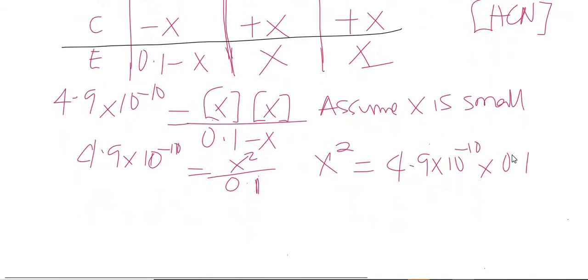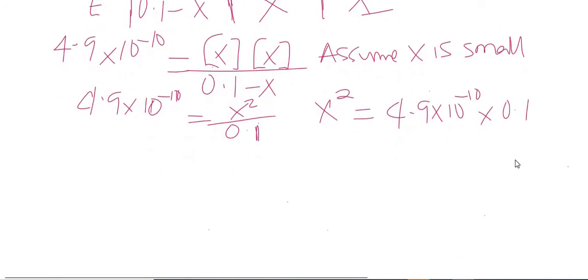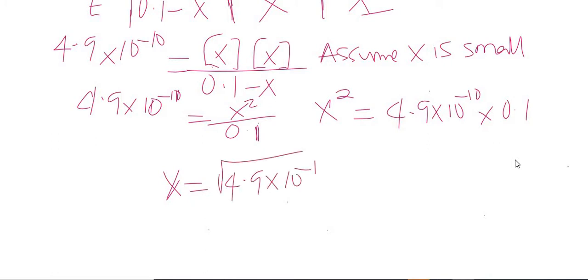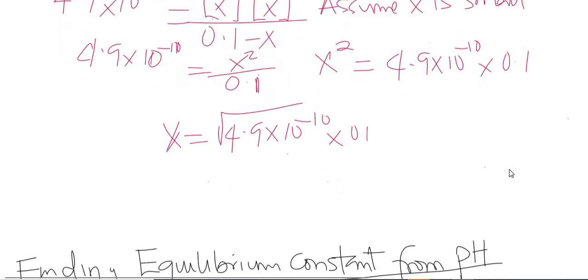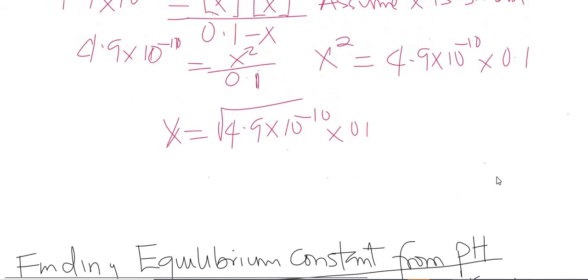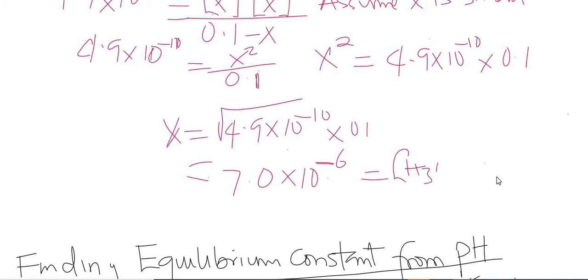So solving this further, x is going to be the square root of 4.9 times 10 to negative 10 times 0.1. If you plug this into a calculator, our x is going to be 7.0 times 10 to negative 6. So our x is equivalent to our hydrogen ion concentration, which we are looking for.